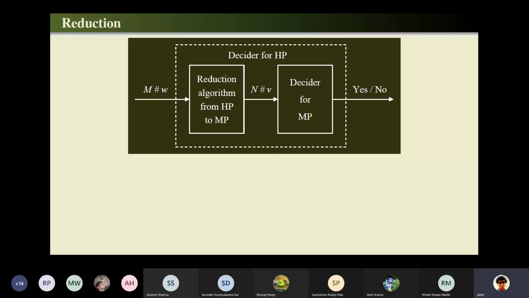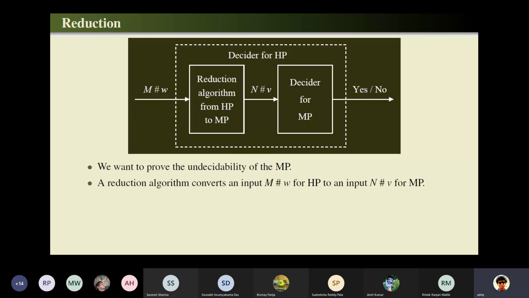Okay. So I want to prove the undecidability of the membership problem. A reduction algorithm converts an input M hash W for HP to an input N hash V for MP. And this algorithm must be the work of a total Turing machine.